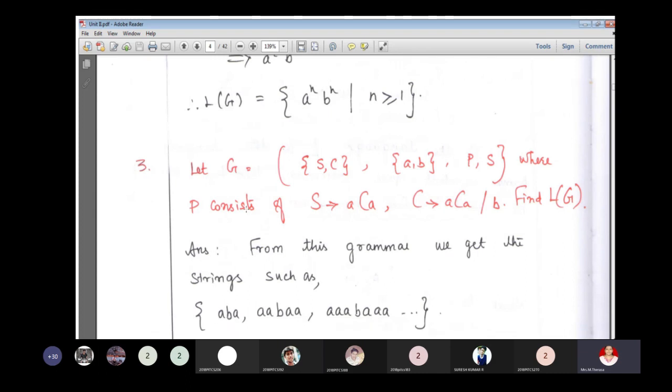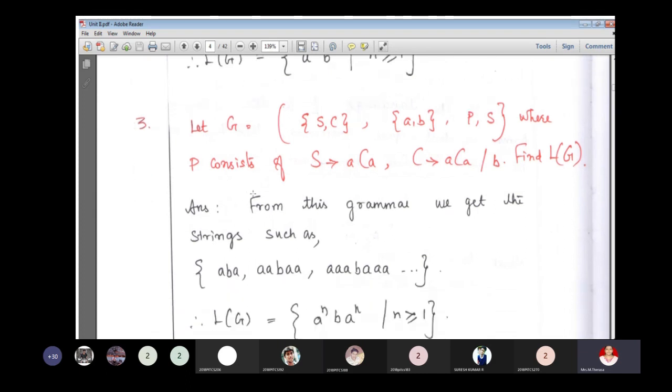From this grammar, we get the strings such that, what we have to do is substitute. You start with the S and substitute. When you start with aCa, you can substitute this capital C either by aCa or b. Suppose you are replacing C by b. Then what will we get? We'll get aba. And again, suppose you substitute it with aCa, and again C is replaced with b.